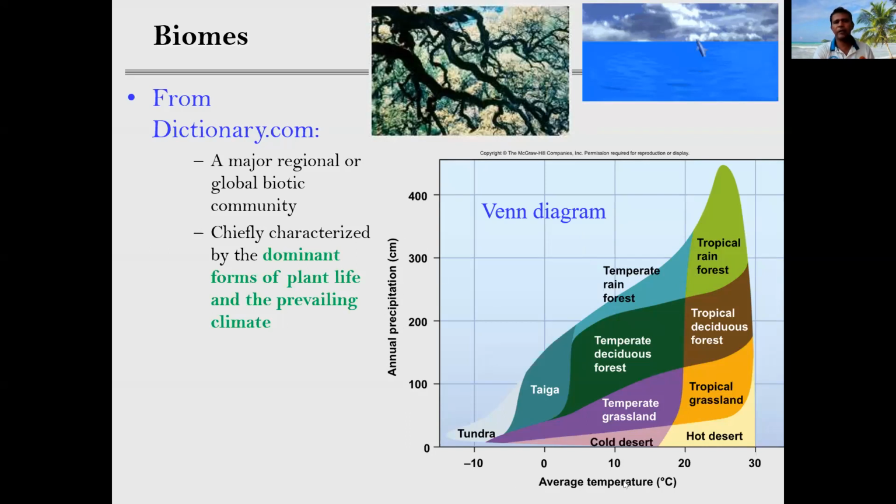Based on these two, we can divide the different biomes. Here on the x-axis you have the temperature, and on the y-axis you have the annual precipitation. That's the rainfall, right? You know precipitation means rainfall.